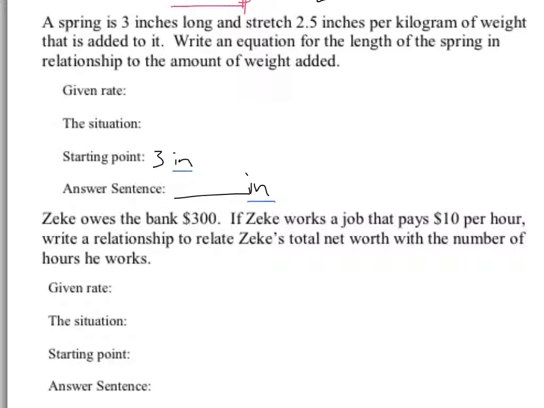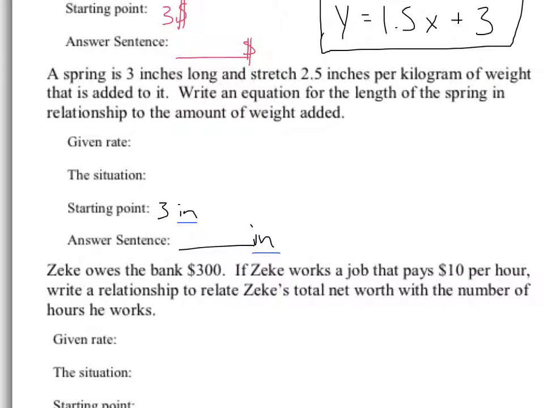So what is our given rate in this problem? James. All right, 2.5 inches per 1 kilogram. Or we can write that the other way.